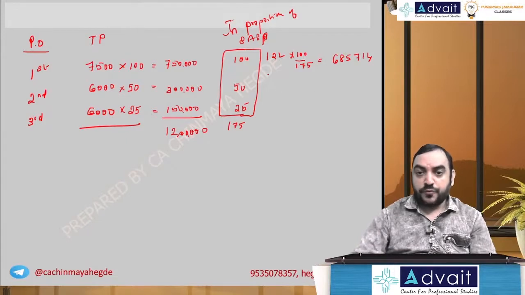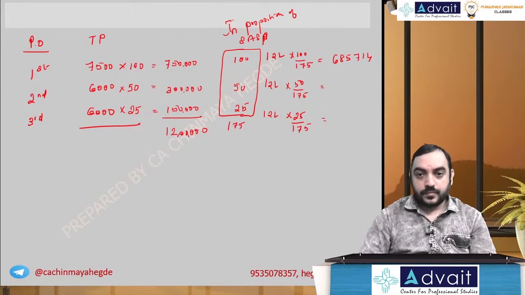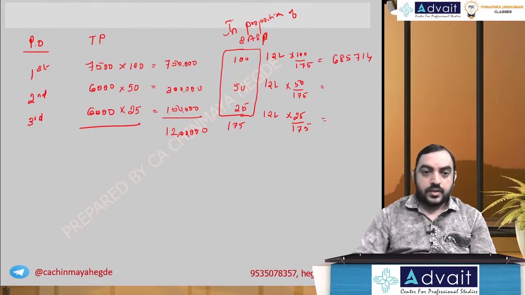Then 12 lakh into 50 by 175, 3 lakh 42,857.